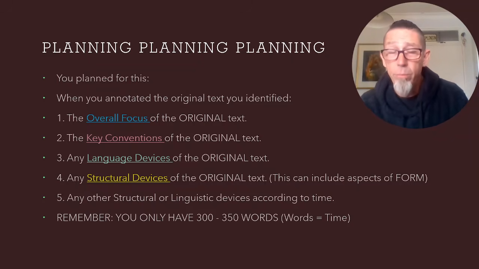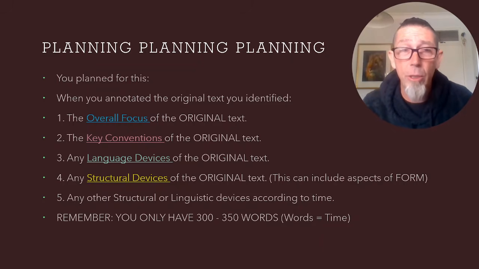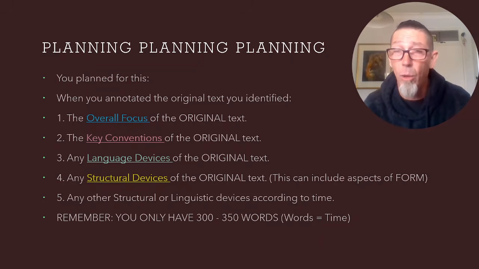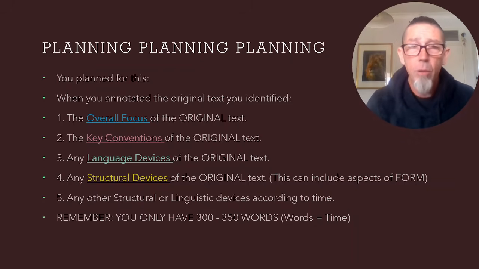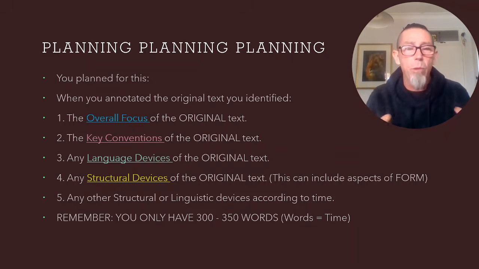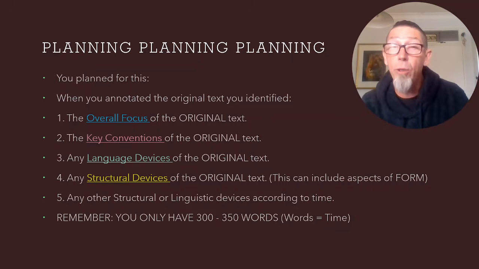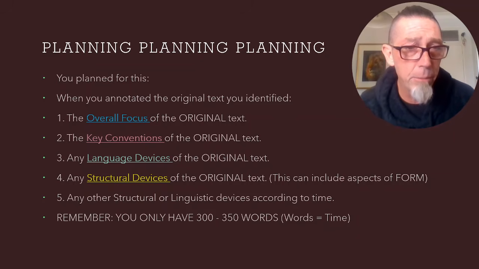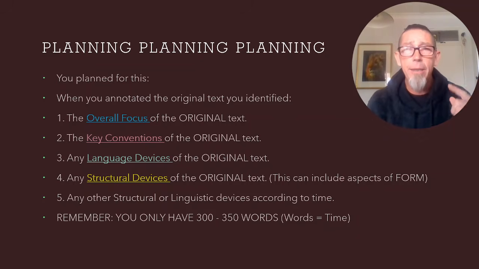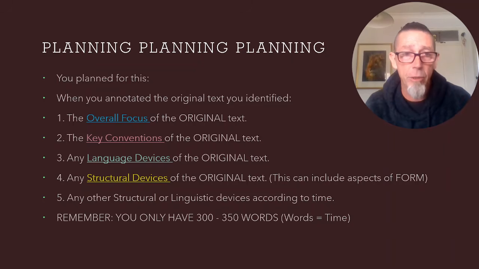So you were annotating, making sure that you understood the overall focus of the original text. What is the overall idea? What is the main idea behind the original text? You need to know your key conventions. Guys, I cannot tell you how important these key conventions are. They are helping us make the decisions.